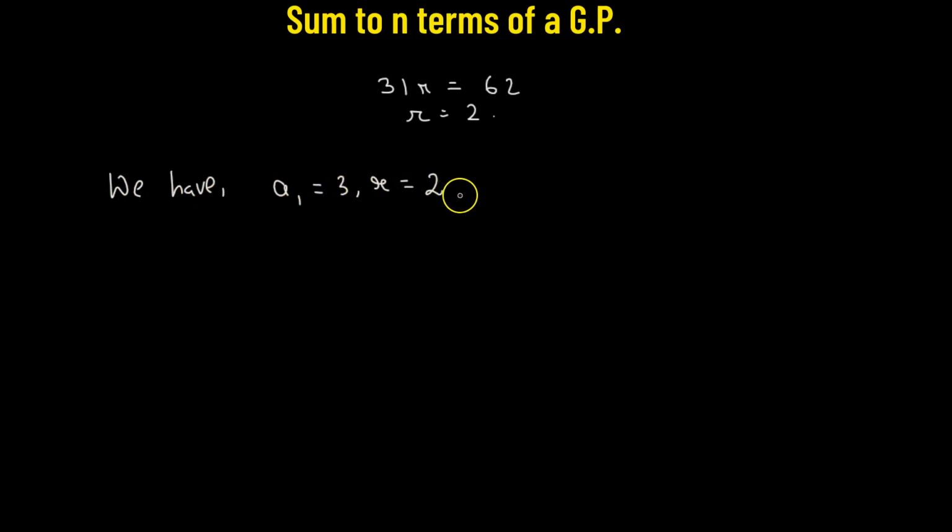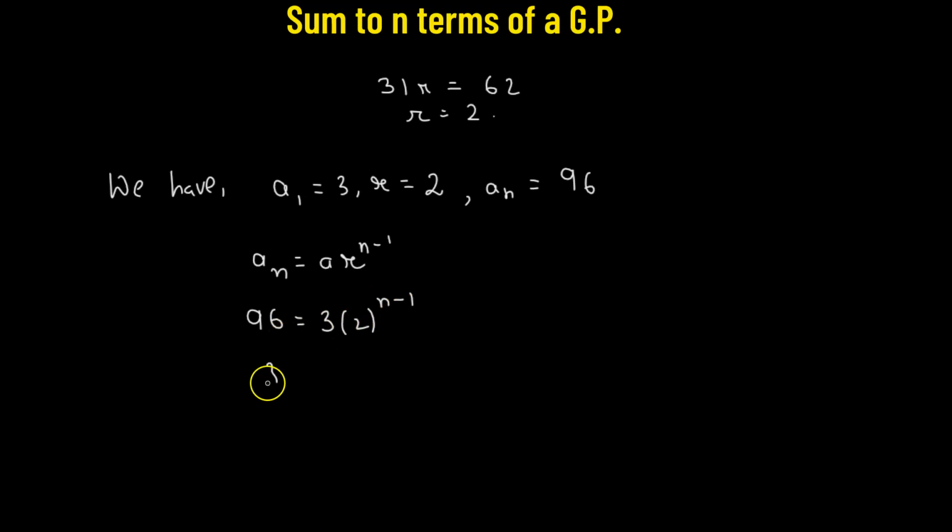Using this, we can also obtain the total number of terms, and let's use the nth term as well. The nth term was given having a value of 96. So we know that an is given by a times r raised to the power of n minus 1. We can substitute all these values here. So 96 equals 3 times 2 raised to the power of n minus 1. 96 divided by 3 is 32.